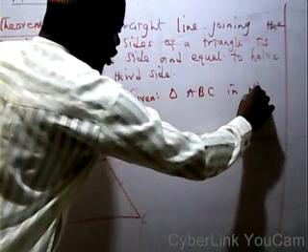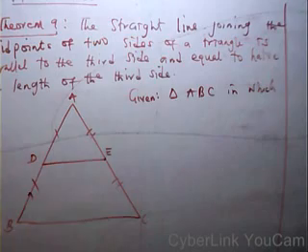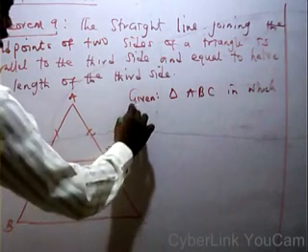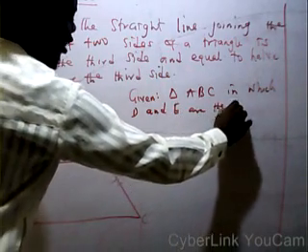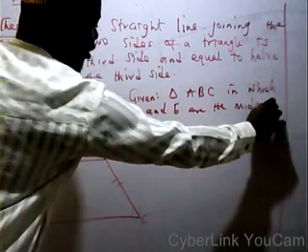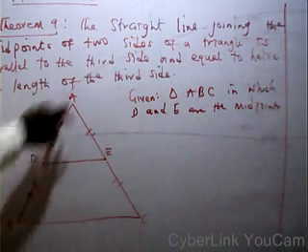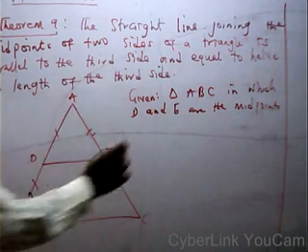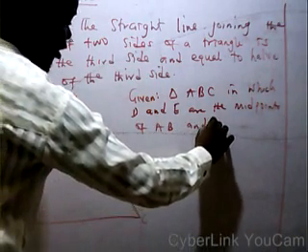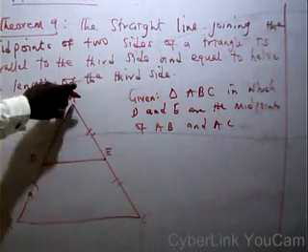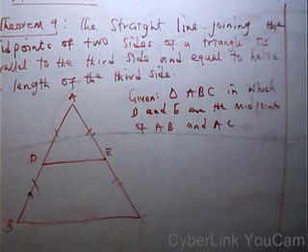D and E are the midpoints of AB and AC respectively. That is, this is the midpoint of AB, and this is the midpoint of AC.